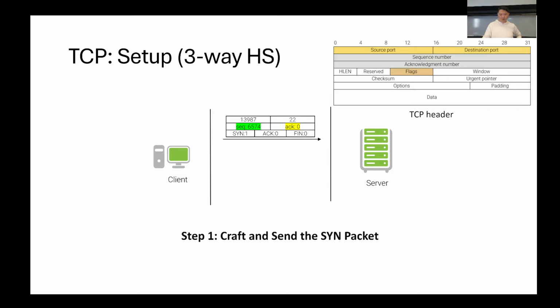Let's talk first, and it includes two numbers, the sequence number and the acknowledgment number. These two numbers are generated by the OS, the kernel, by some specific standard method. Let's say the sequence number starts at 6574 and acknowledgment 0.